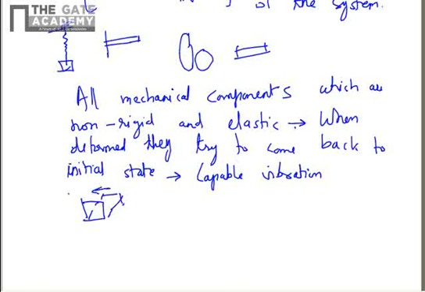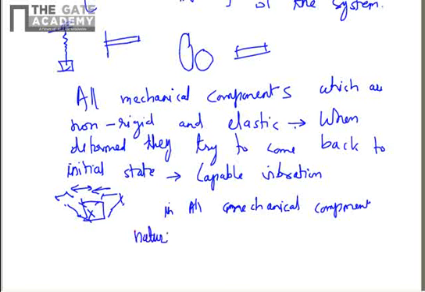While coming back to its original position, it overshoots and reaches the other extreme, and hence a vibration is set up. So vibration is set up in all mechanical components. You have vibration setup possibility. The degree depends on the stiffness of the material, that is K, and the characteristic mass of the material.